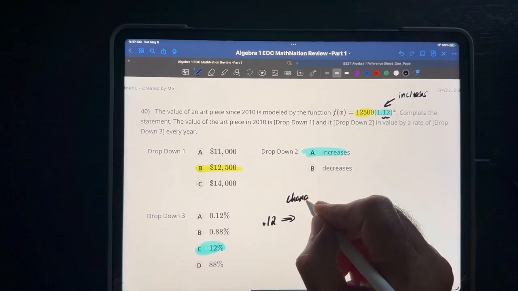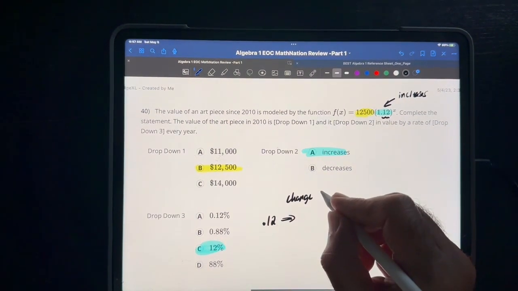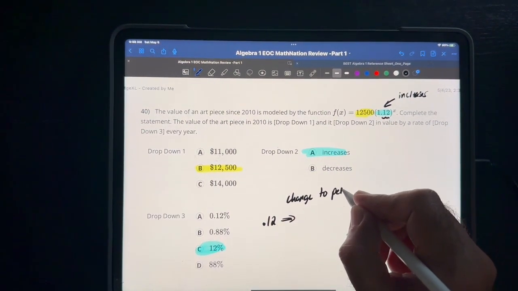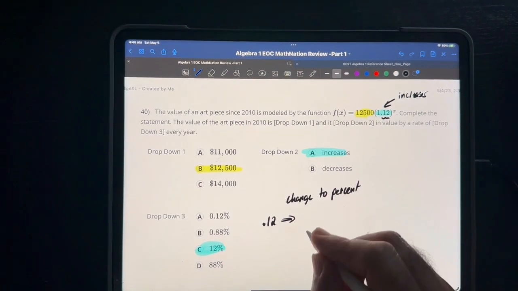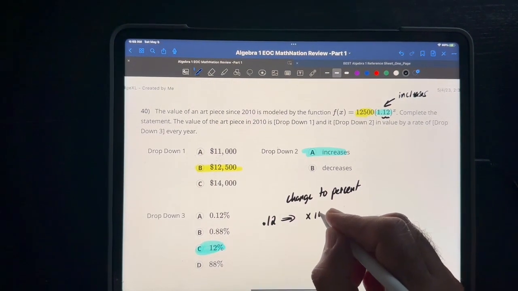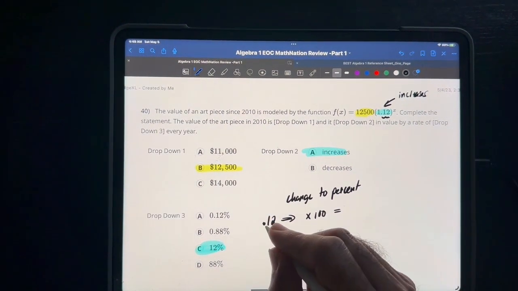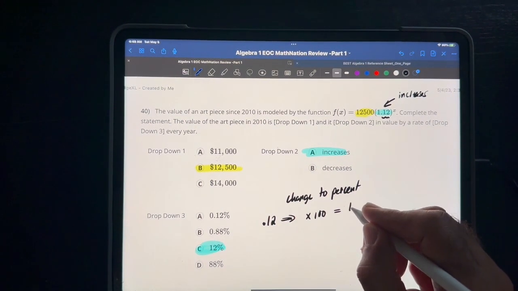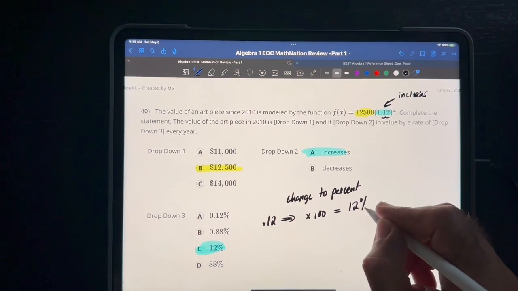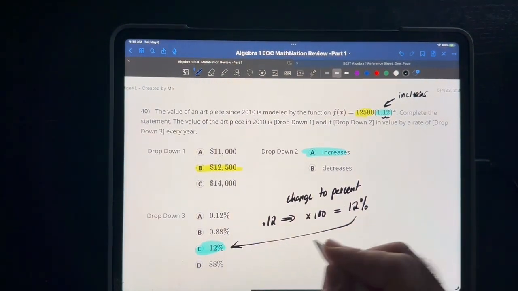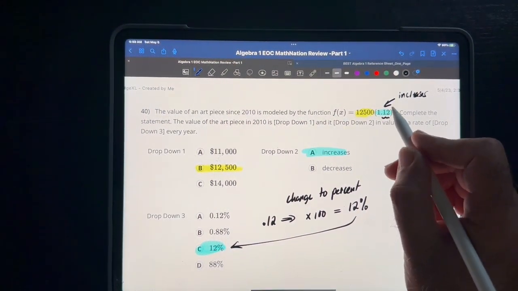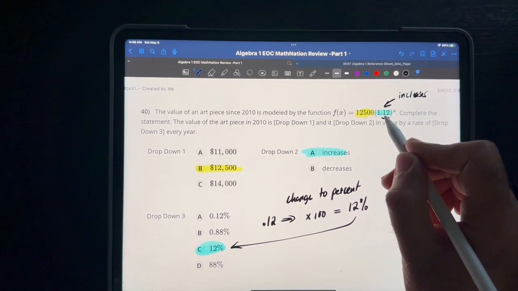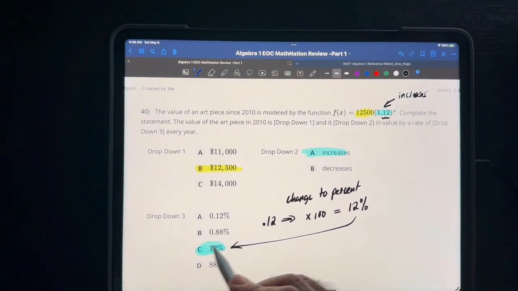How do you change a decimal to a percent? Anybody remember? You have to multiply by 100. You move the decimal point 2 places to the right, you get 12, and then you put a percent sign. Okay, so that's it. But you're looking on this number right here on the back, right? The 0.12 to get that amount.